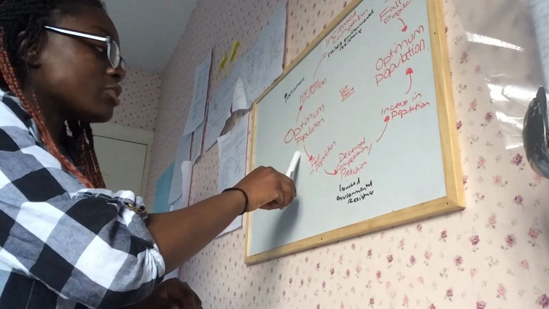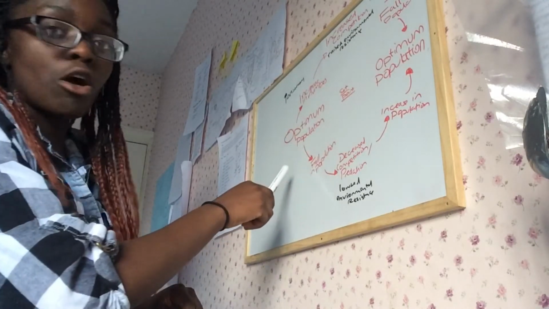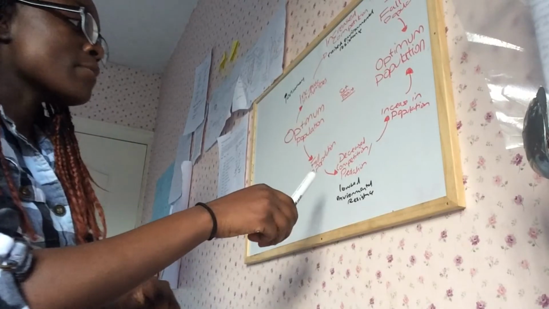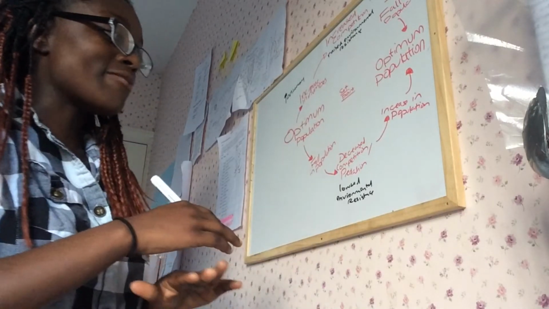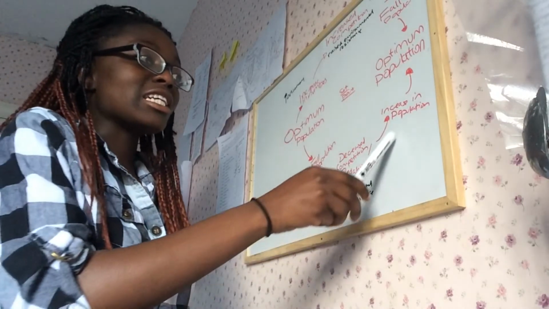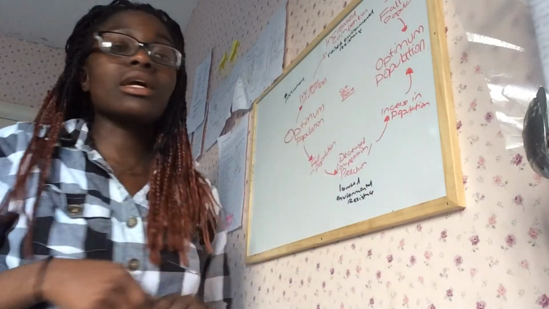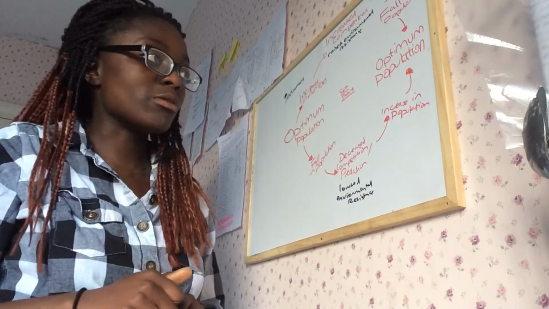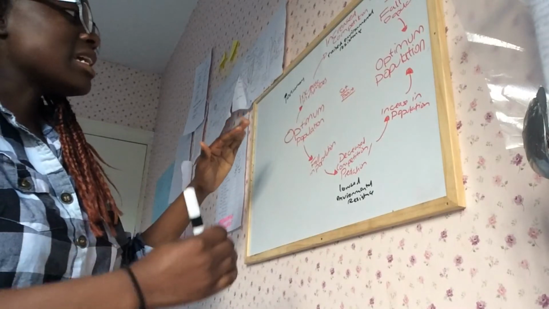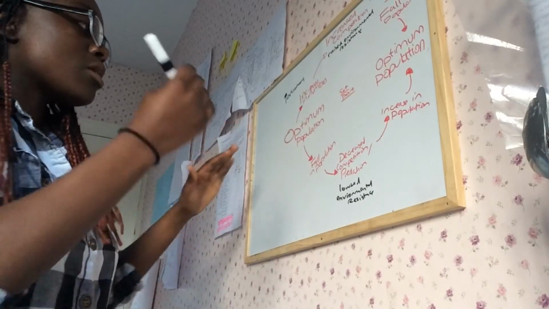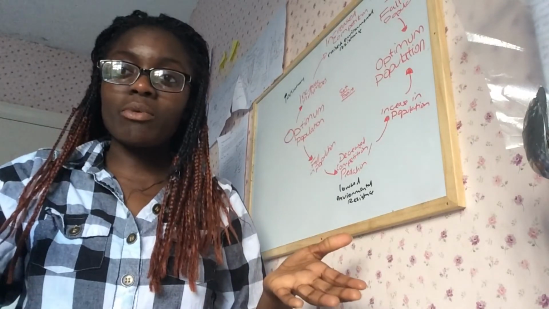And if you have a decrease in the population, which is lower than the optimum population, you have a decrease in competition and predation, lowered environmental resistance, and an increase in population to get the population back to your optimum population size.